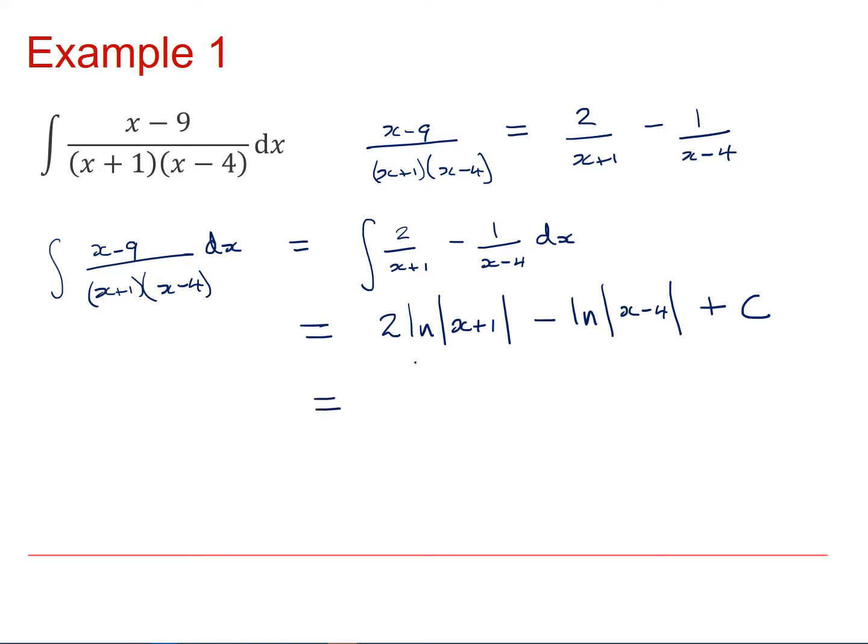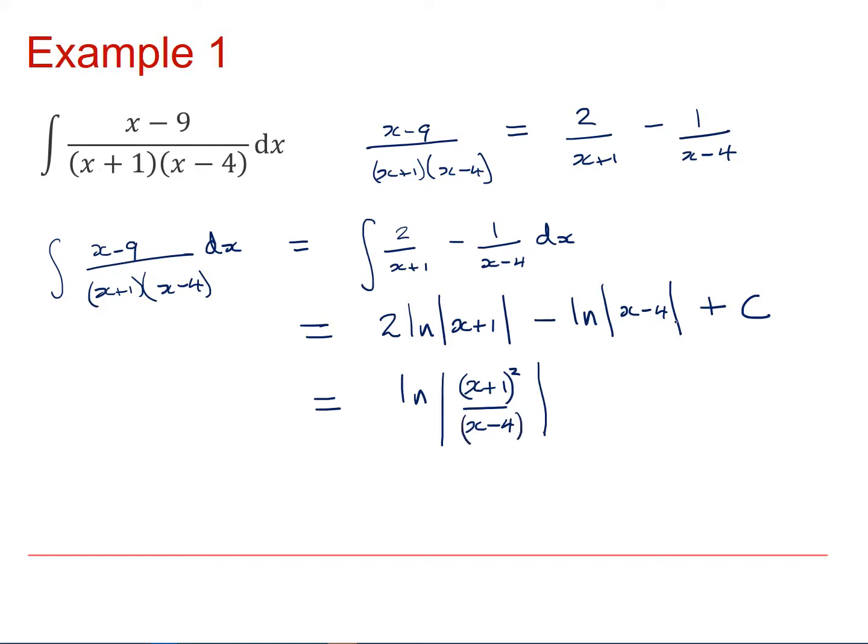Remember that the 2 outside of the log here really means that what's inside the log has been squared. So we can rewrite that as the log of (x plus 1) squared. And taking logs away means that we've actually done a division inside here.